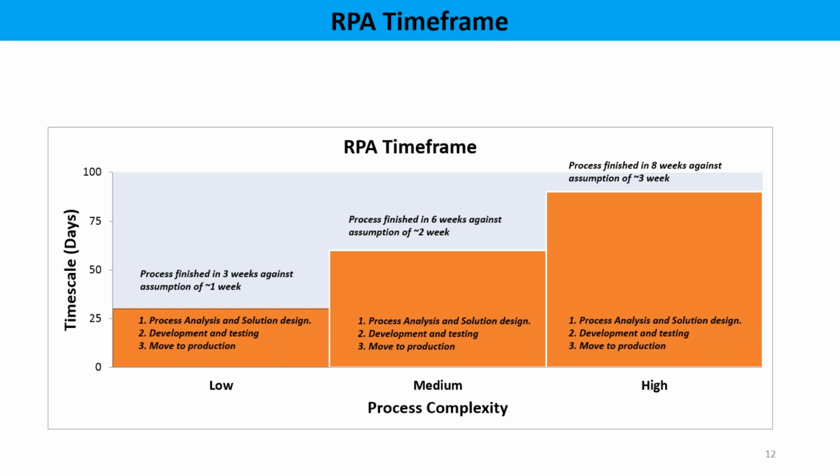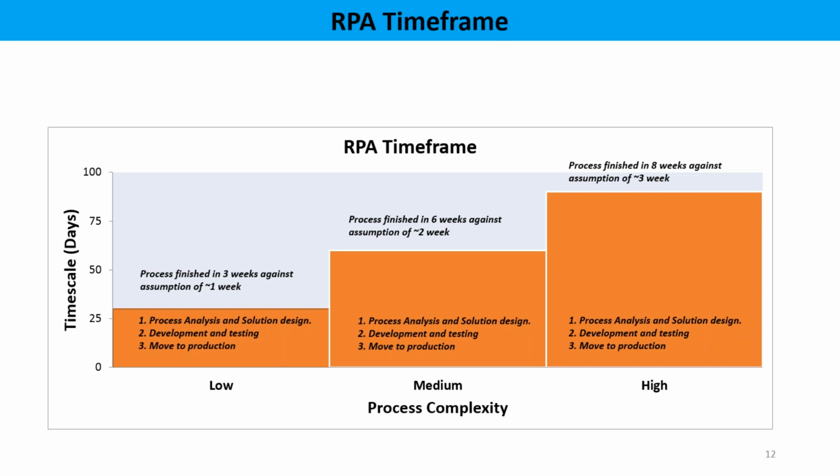These things will be taken into consideration, and it might complete in 1 to 3 weeks. If it is medium complexity, then you have to complete it within 6 weeks. If it is a very high complexity process, then we might take some 2 months.